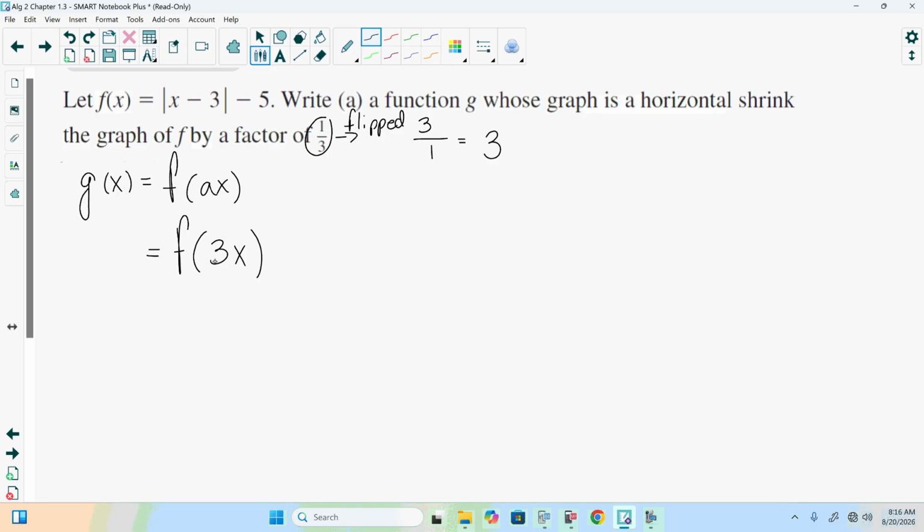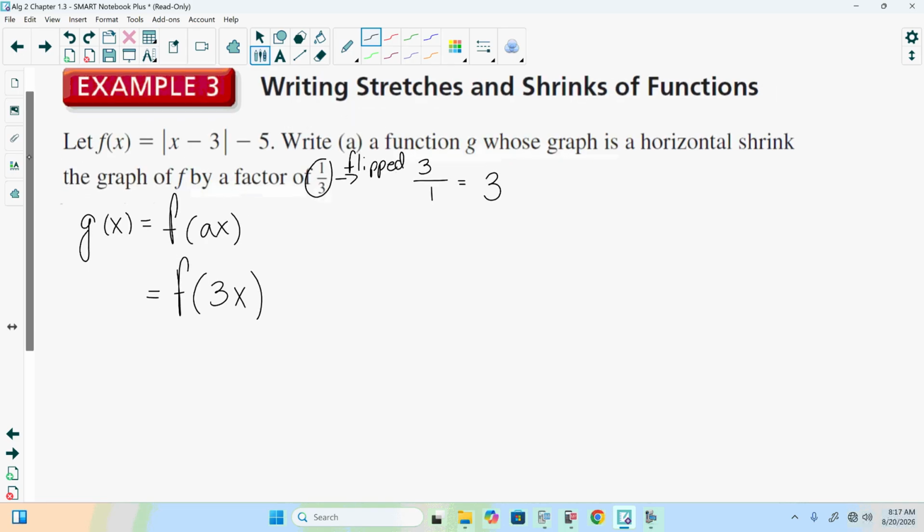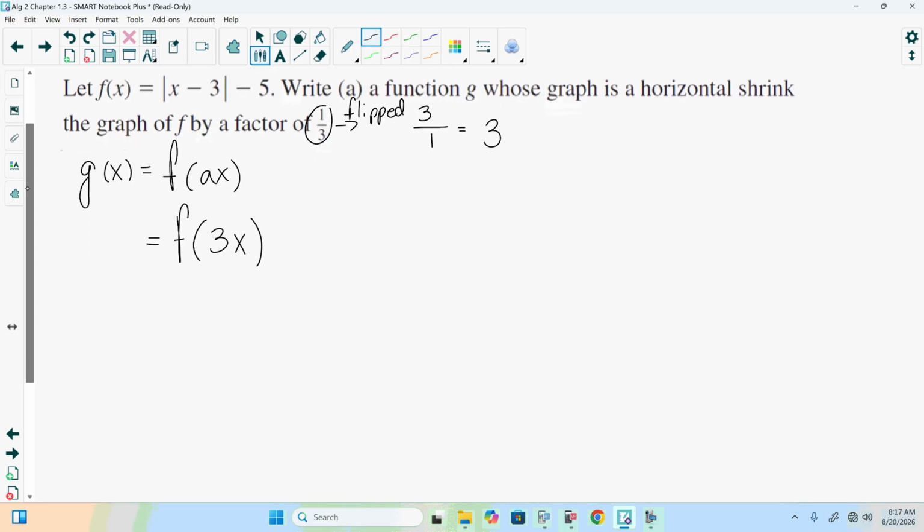Because when we talk about horizontal stretch and shrink, horizontal stretch says that it's increasing faster along the x-axis. Horizontal shrink means it's increasing slower. We're compressing it along the x. And to get that to actually apply, we have to have it as 1 over whatever the stretch or shrink is. Stretch is going to look like shrink. Shrink's going to look like stretch. Questions? Any other questions on that so far?